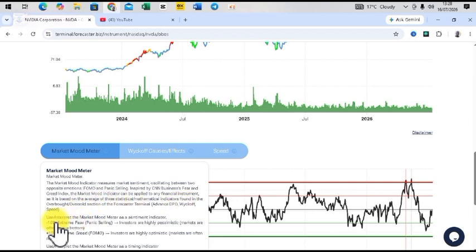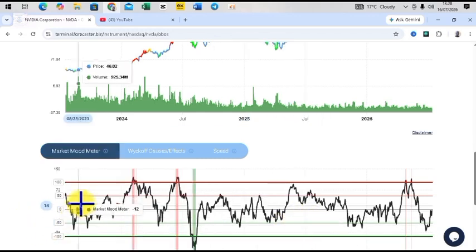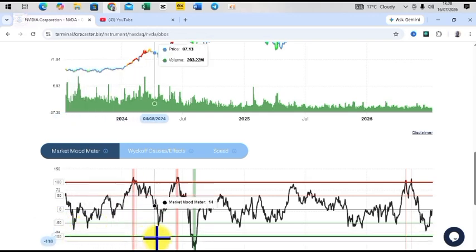Then how do you interpret it? Negative 100 is extreme fear, which means panic selling, and investors are highly pessimistic, and markets are often near a bottom. Okay, so this is the negative 100, this range.